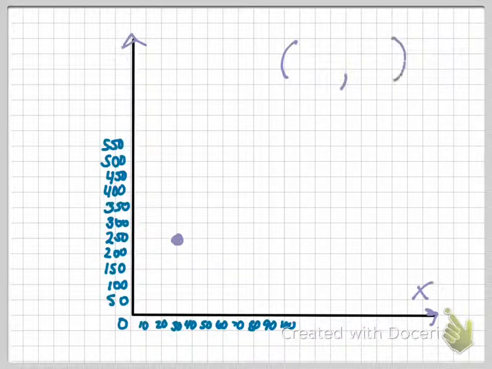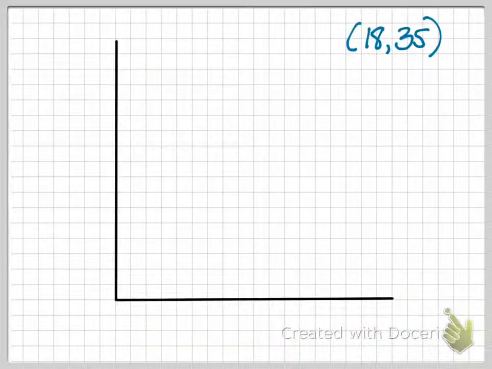So we're going to get our ordered pairs ready. We go over 30 and up 250. So our ordered pair is 30, 250.